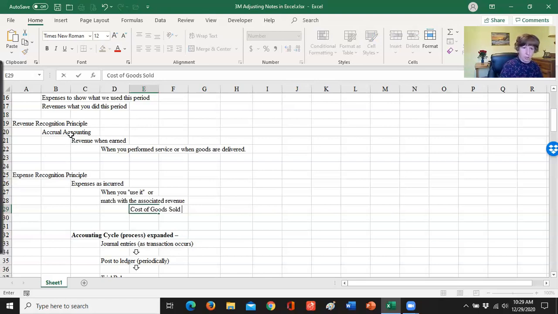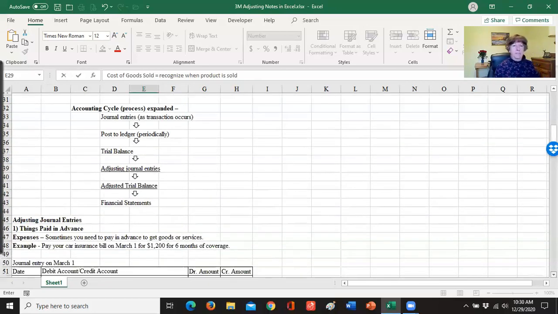The cost of goods sold, recognize that as sold. So if I buy those guitars, I recognize inventory when I buy them. When I sell the guitar, then I have the revenue, and then I want the cost of goods sold to be right next to it. I want it to be in the same period. So if you can't figure out when you use it, if we can put it in the same period as revenue, that is our kind of second best choice.